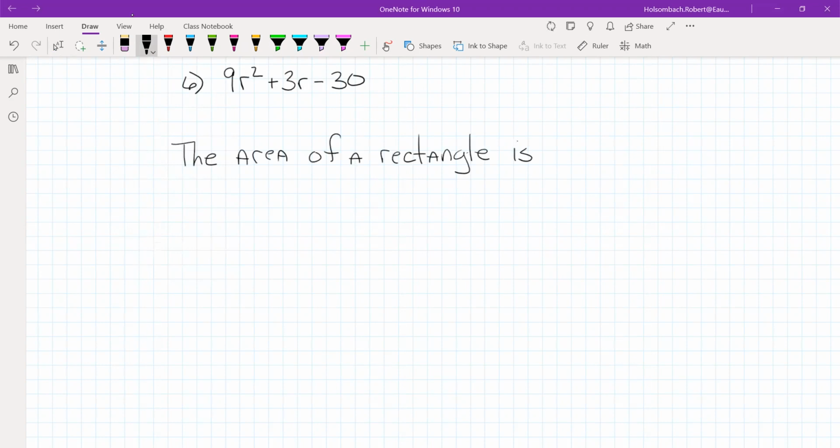The area is 2x squared minus 13x minus 7. What are the possible dimensions of the rectangle?